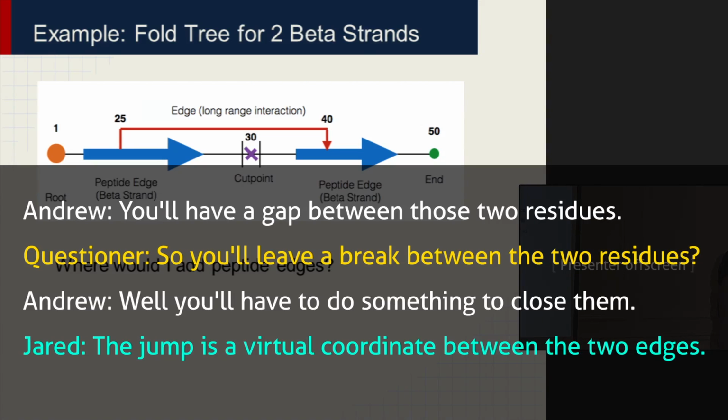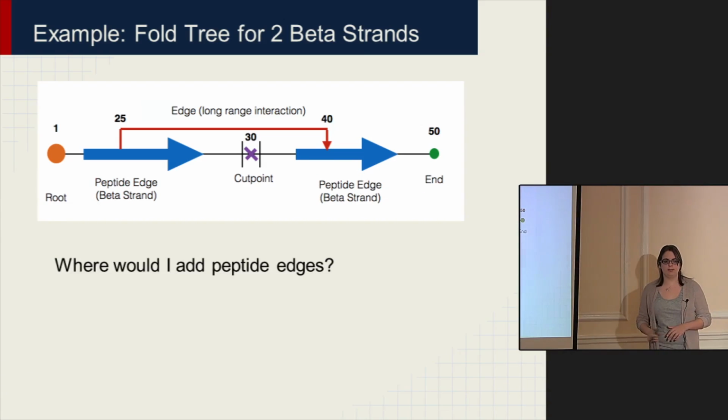Right, because think about if you have something, and then the jump is actually a torsional connection. Right, so that's correct. So the jump is relating the two edges together. So it's not like you have a hole in your structure. It's just you're geometrically relating it at a different point. So if you didn't have the cut point, you'd have a cycle in the graph.